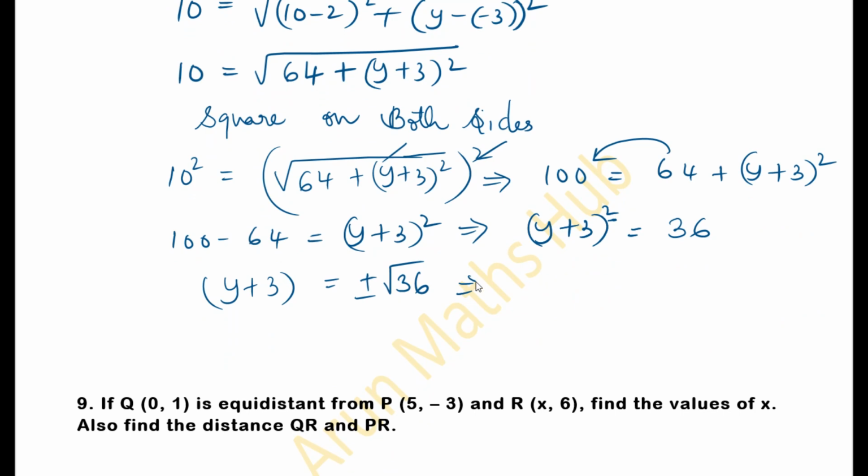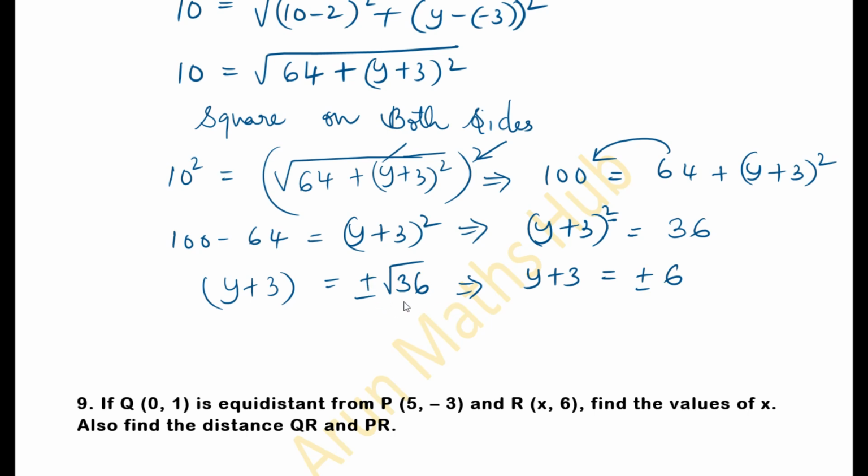Now we get y plus 3 equals plus or minus, what is the square root of 36? Square root of 36 is 6. We have to consider both the values, that is, when you are taking the square root, only in case of length it is only positive. In case of finding out the points or the coordinates, you should consider both the values, that is plus value and minus value.